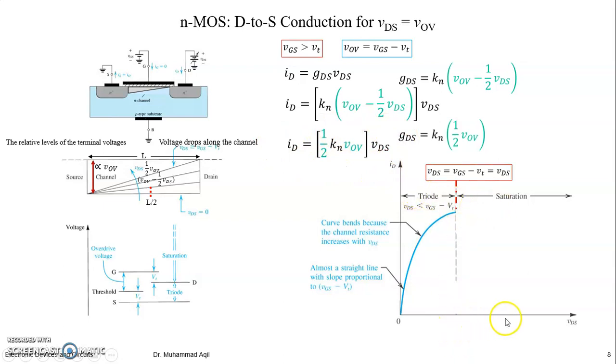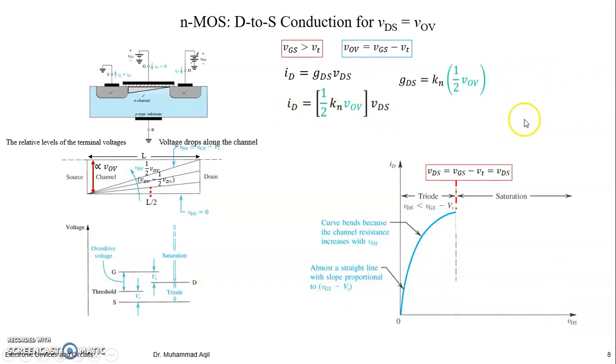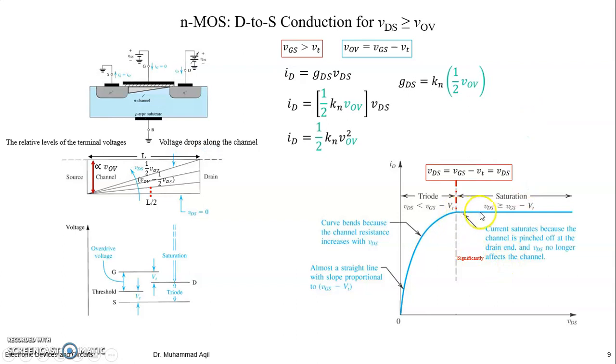So what if I increase VDS further than this point? Does this formula stay intact or not? Yes, it does. So at the pinch off point you have two separated regions, the triode region and the saturation region. The triode region has the formula already given to you, Kn (VOV minus half VDS) VDS. In saturation, it is half Kn VOV square, or half Kn VOV into VDS, because at this point VDS and VOV are the same, so it is VOV square.